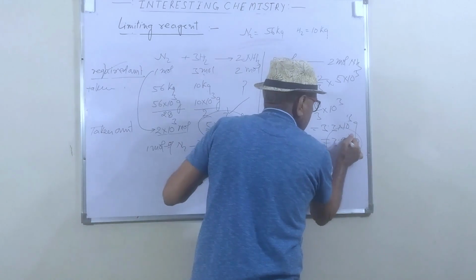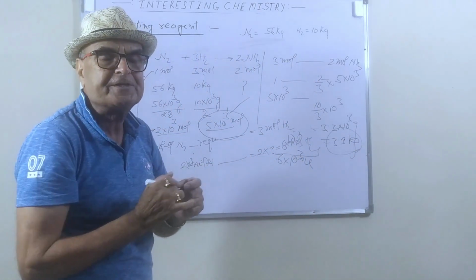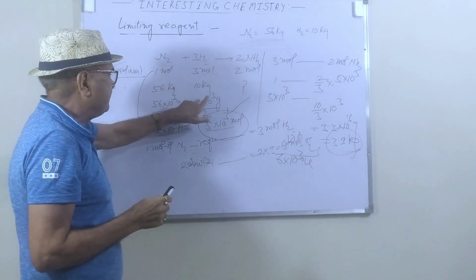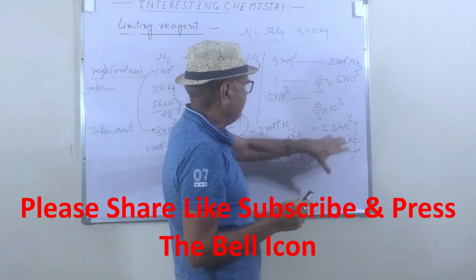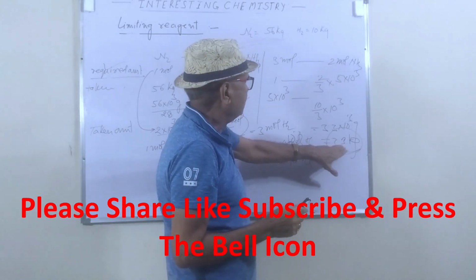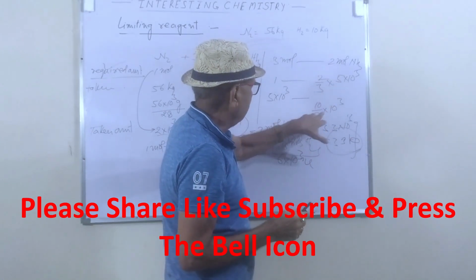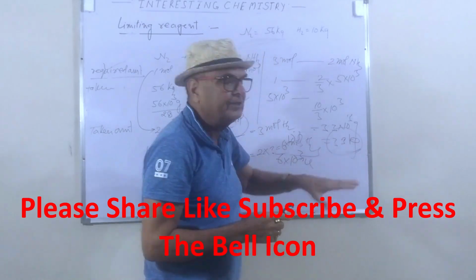It will be the answer. So the answer for this question: hydrogen is the limiting factor in this case, and the total amount of ammonia formed is 3.3 kg.